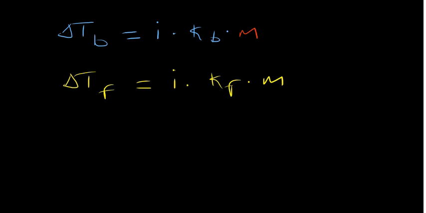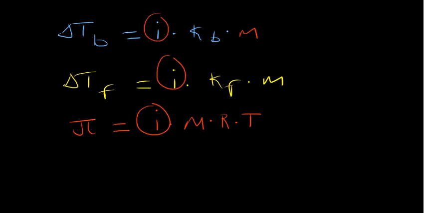And finally we have the osmotic pressure, which will now be i M R T. So we've seen i is a very important part of the calculations, especially when you deal with electrolytes, where you'll be able to determine the number of ions formed after dissolving into a solution.